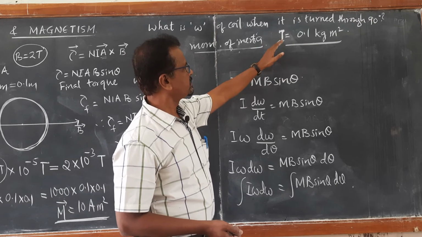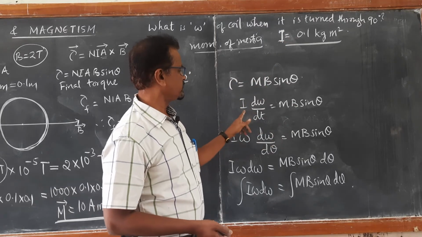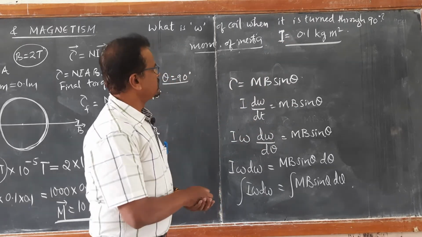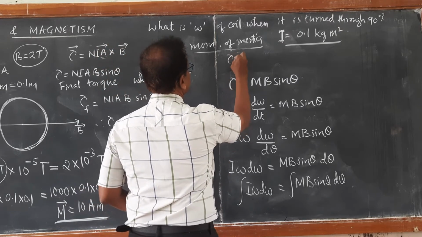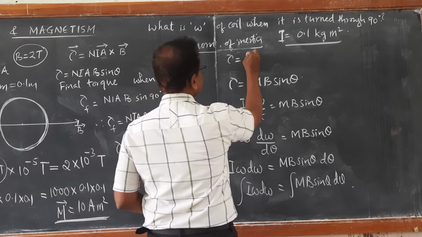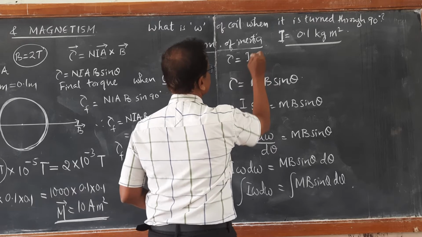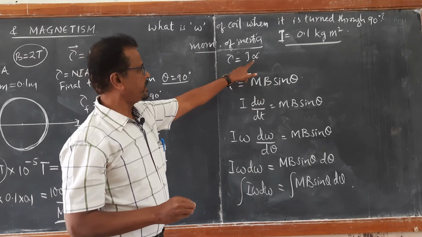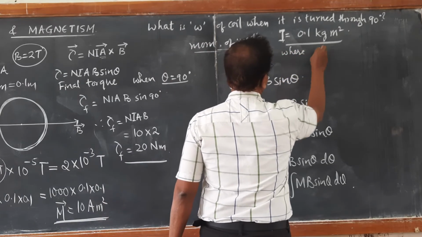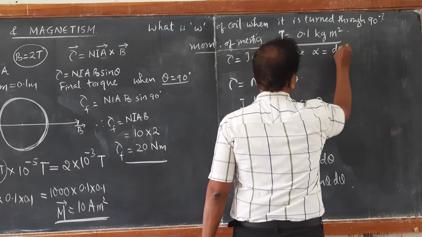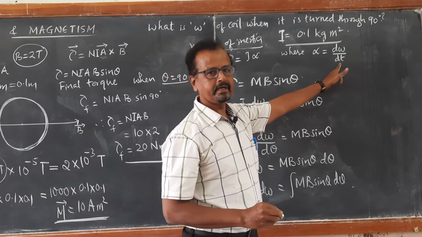Moment of inertia, it is written a little artistically as I, because I we have used for current. So here I am using I for moment of inertia. We have learnt in the 11th class that the torque is also given by moment of inertia into the angular acceleration, I into alpha, where alpha is angular acceleration given by d omega by dt, the rate of change of angular speed.